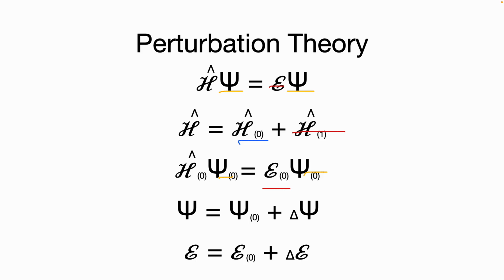And let us assume that the eigenfunctions of the total Hamiltonian can be written as a sum of the eigenfunction of the exactly soluble Hamiltonian and a correction term. Similarly, the eigenvalues of the total Hamiltonian, let us assume that they can be written as a sum of the exactly soluble Hamiltonian's eigenvalues and a correction term.